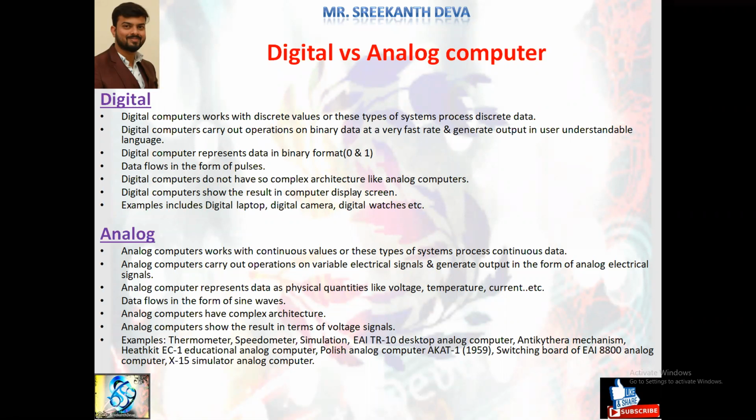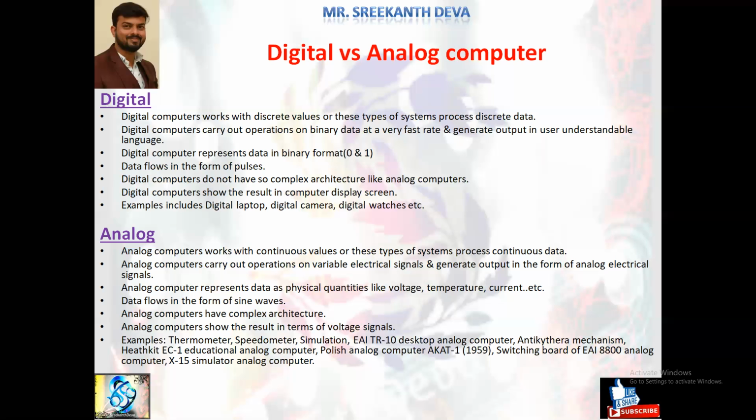Digital computers work on discontinuous or discrete data. Analog computers work on continuous data. You should always remember this point. Digital computers carry out operations on binary data at a very fast rate and generate output in user understandable language.